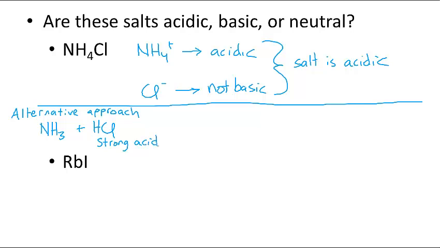What do we know about NH3? Well, it's not an acid, it's a base. If you look back in your notes a little bit where we talked about bases and the difference between strong bases and weak bases, NH3 is our classic example of a weak base.